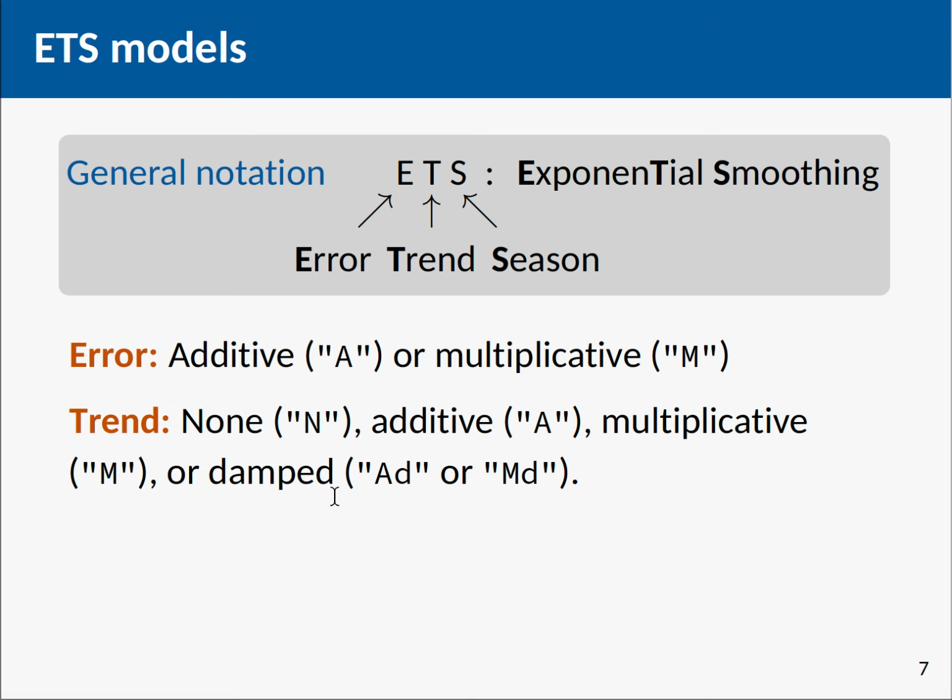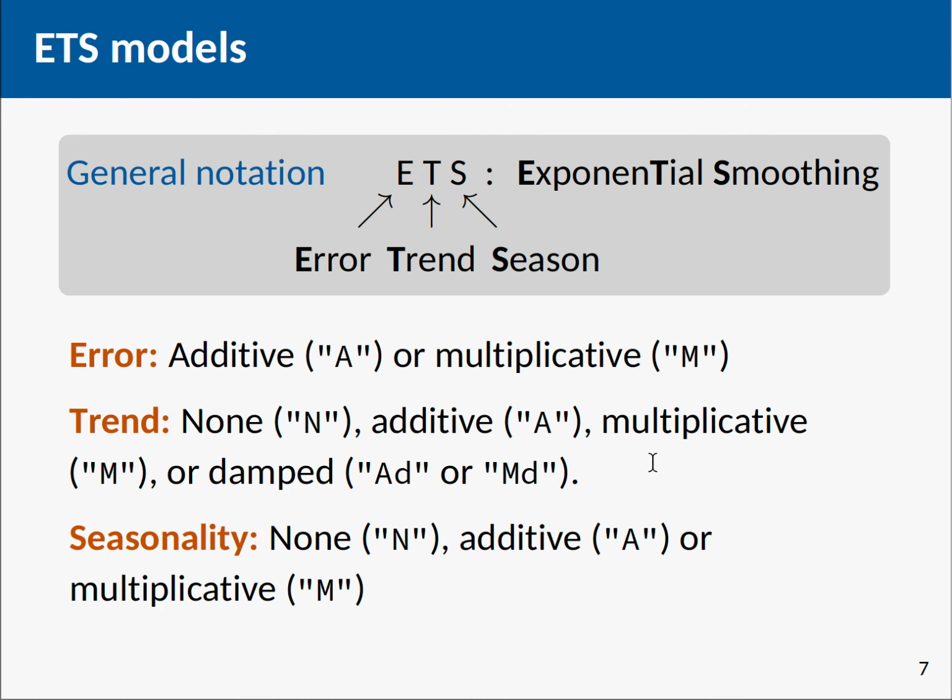Damped is something that I'll explain later, but if there is some kind of a damping method that we employ, then it is going to be either additively damped or multiplicatively damped, right? So AD would be additive damped, MD would be multiplicatively damped. Now, similarly, you could have something for seasonality, where you could have a time series that displays no seasonality, which is going to be denoted by N, or seasonality where there is an additive component or a multiplicative component.